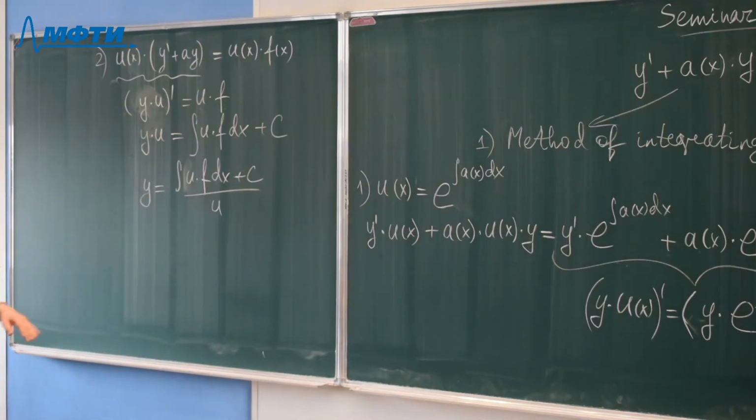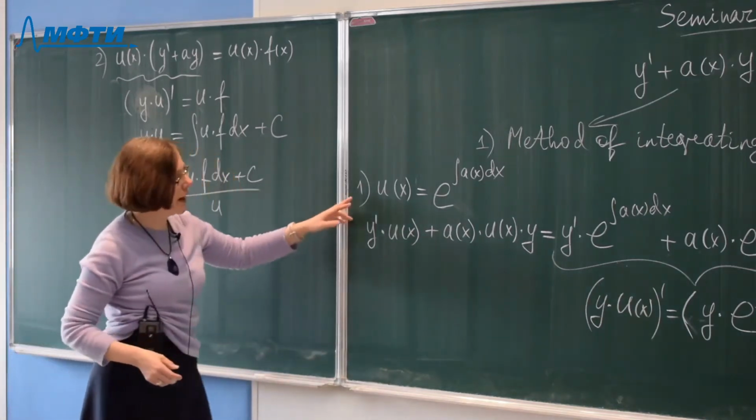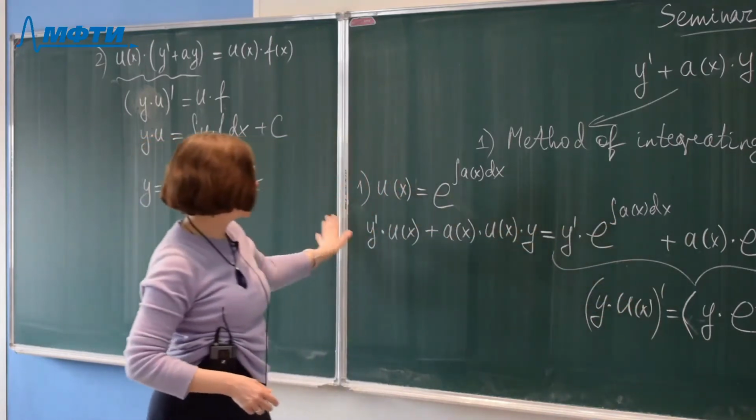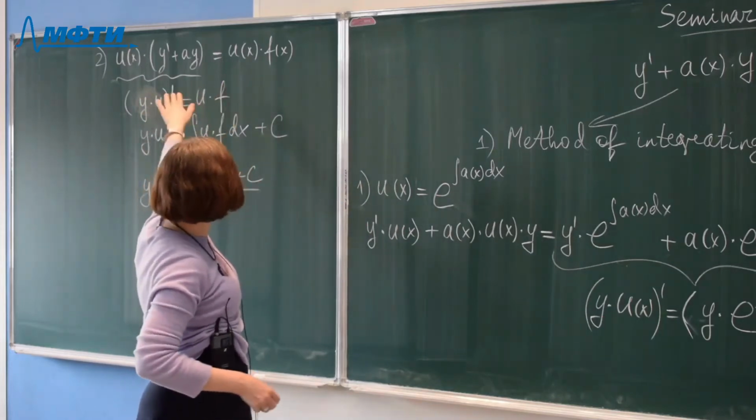Okay, so now I will show you how to solve the first order differential equation using this method. If you don't mind, I will remove this explanation, and I will rewrite the second step here.